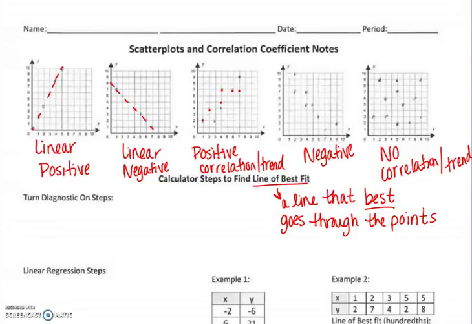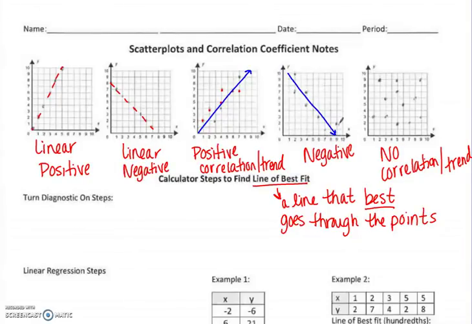However, what that would look like, I'll use blue here, a line of best fit here would be something like this. Okay, it doesn't hit all the points for sure, but it about goes in the points, or in the direction of the points. And this one would be something like this. Because it's about going in the direction of the points. So we're going to calculate the equation of that line with the calculator.